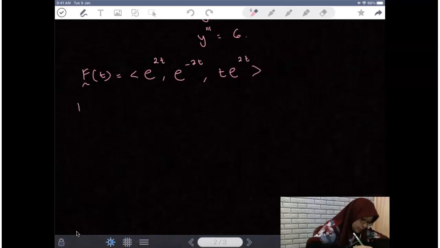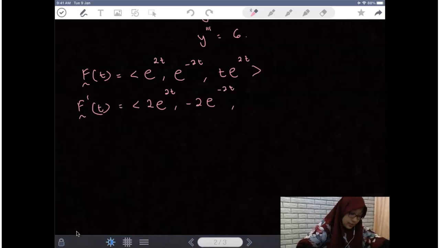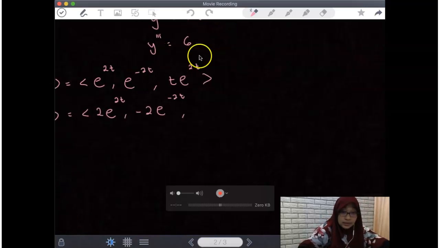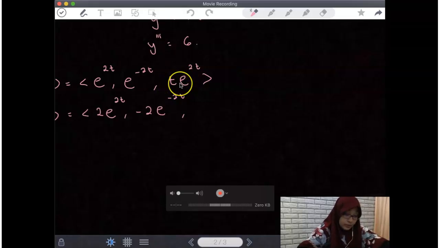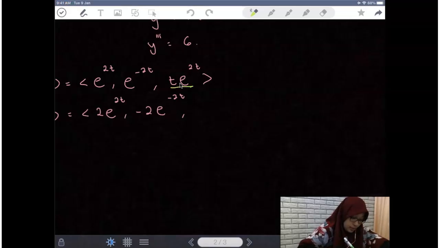Okay, so for the first derivative, we differentiate with respect to t, so 2e to the 2t, then negative 2e to the minus 2t. And for this term, you have to apply the product rule, where u is t and v is e to the 2t.